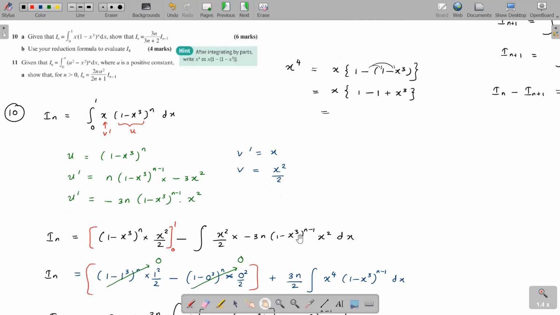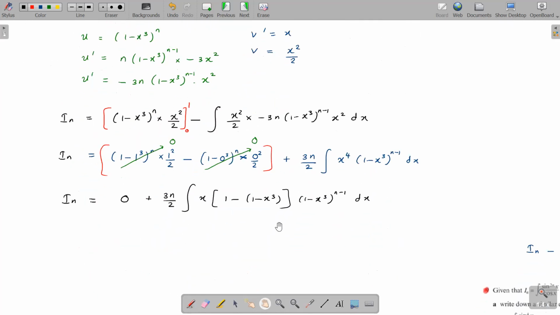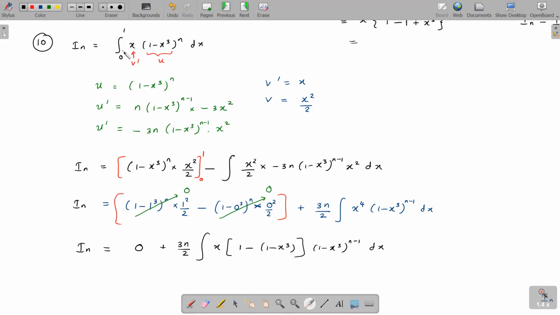Then what's our next step? Our next step is to create I n minus 1. You can see I n minus 1 would be integration of x times 1 minus x cubed to the power n minus 1, right? So it's not just 1 minus x cubed to the power n minus 1. There's x in front as well.